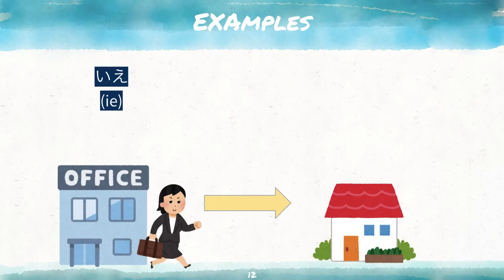So, another example. This is a little bit different from 行きます and 来ます, but let's work on this. This woman is leaving the office, 会社, and heading back to her house. House is 家.